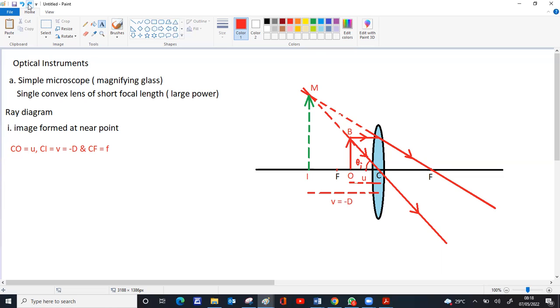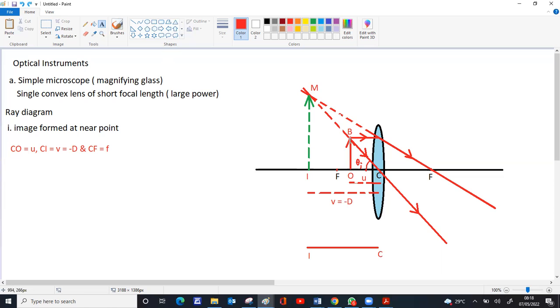For finding theta O, the real object should be transferred to the near point. To avoid confusion in the diagram, we are recreating another situation. This is a point C and this is the point I, which is the near point.